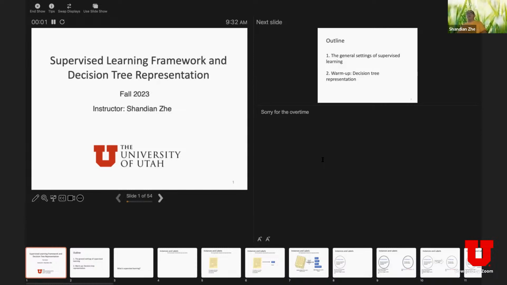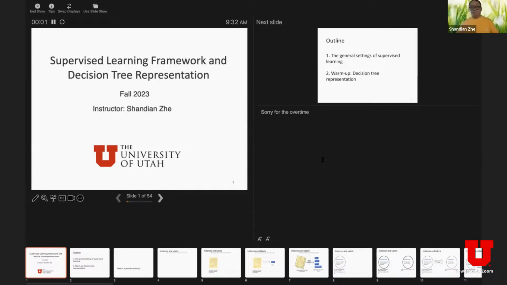The learning algorithm is in charge of searching over some functional space, guided by this training data, to find some function. This function we call the learned function G, which is also a mapping from the input instance space to the label space.